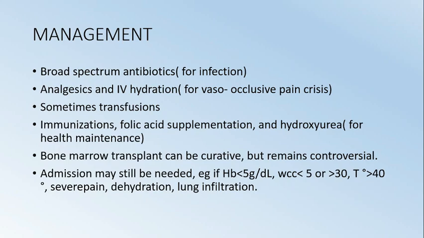Then also you might use analgesics and IV hydration for vaso-occlusive pain crisis. So the management of an acute pain crisis includes vigorous hydration, very necessary. And also aggressive analgesia might be administered on a standing schedule or even with a patient-controlled analgesic pump.